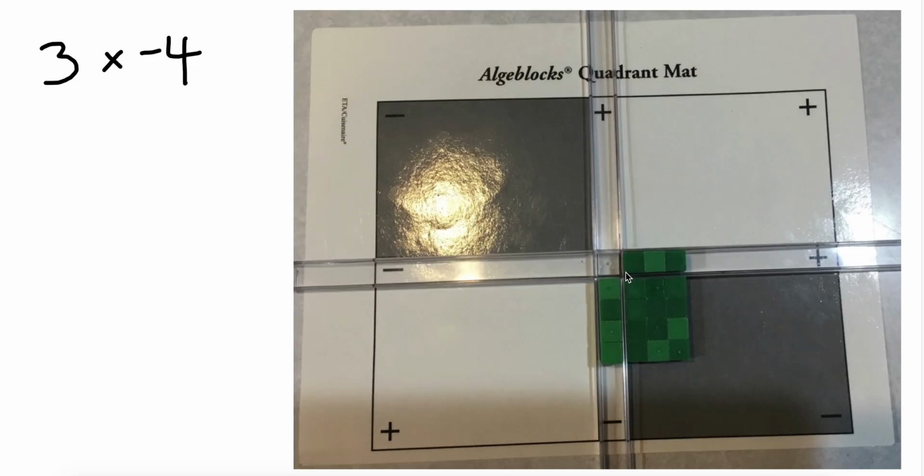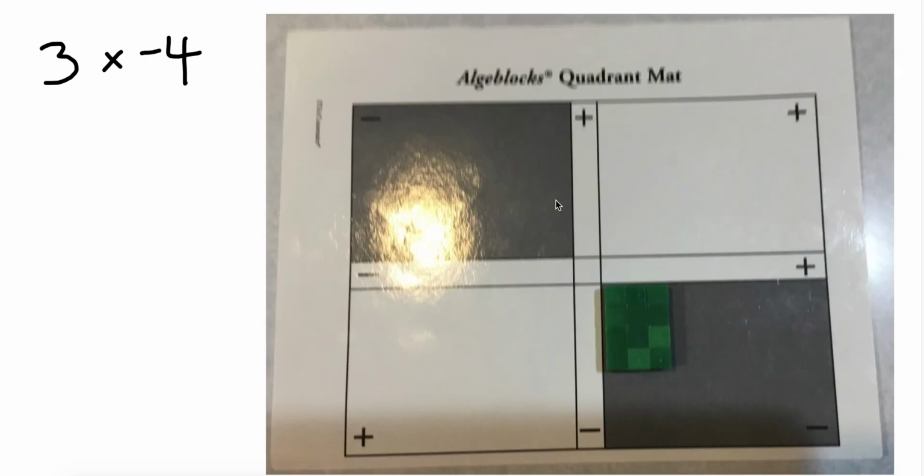Next, we fill it inside, so we put in 3 rows of 4, and then we pull the factor track away, and that's going to leave us with 12. But now notice our 12 is down here in this darker area, and this negative sign shows us that this is a negative quadrant. So that tells us when we take positive 3 times negative 4, our answer is negative 12.